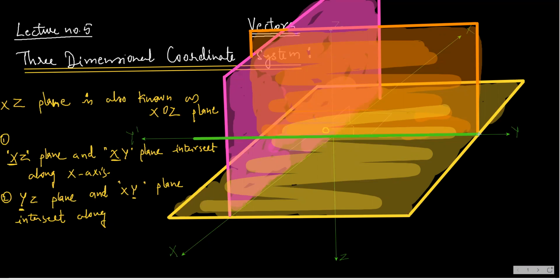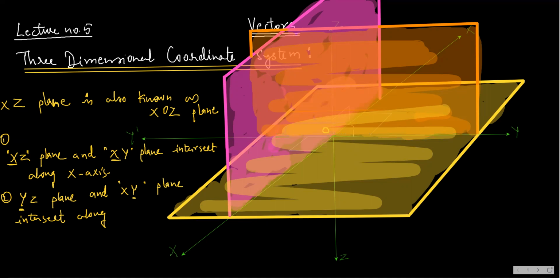The two planes always intersect along a line. Remember, they are planes. They will not intersect at a point. They are not lines, they are planes. So the planes will always intersect along a line.